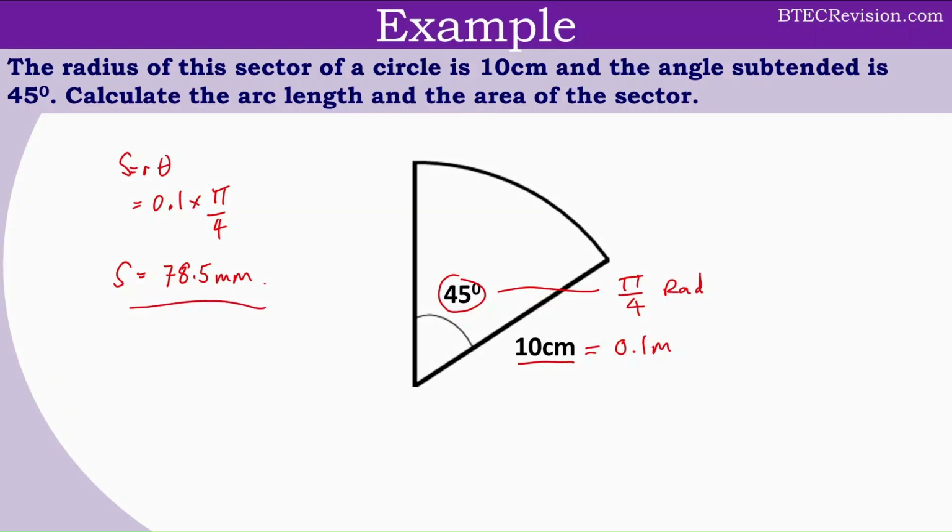Next, we can work out the area of the sector. A equals a half r squared theta, and that's equal to 1/2 times 0.1 squared times pi over 4. And that's equal to 0.00393 meters squared.